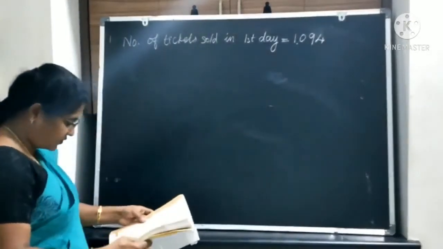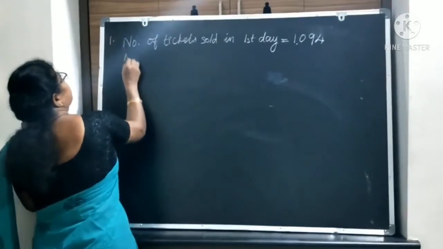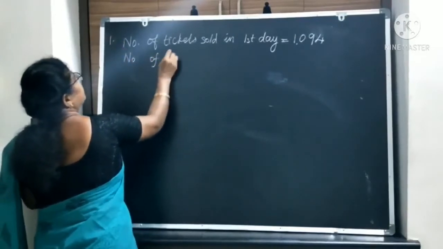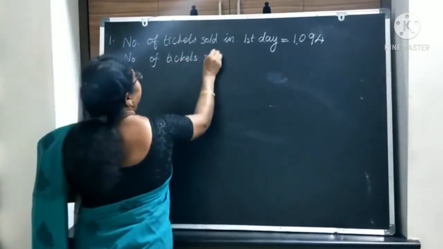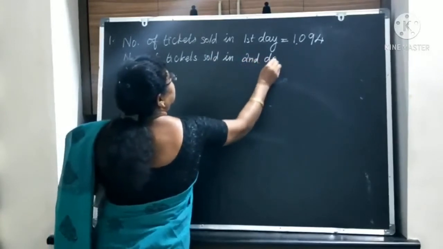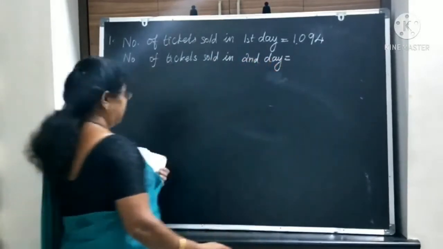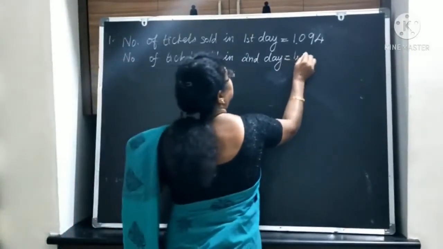Number of tickets sold on the second day. Second day, how much? 1812.